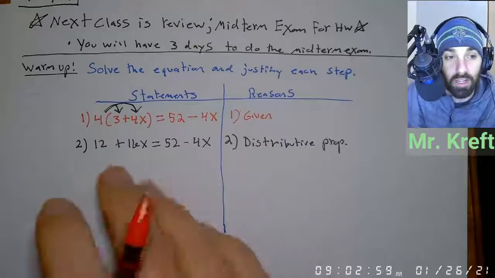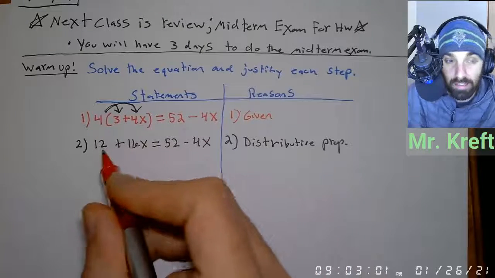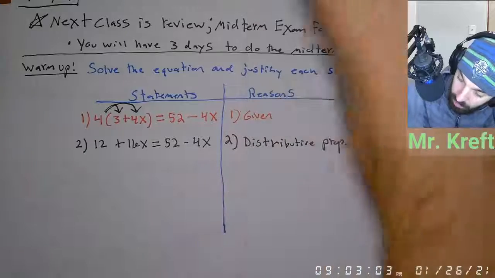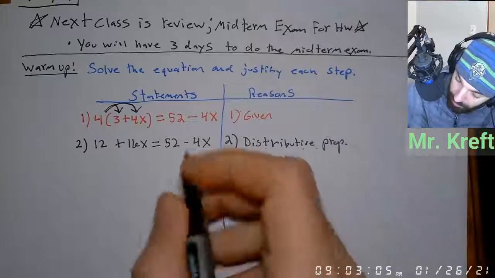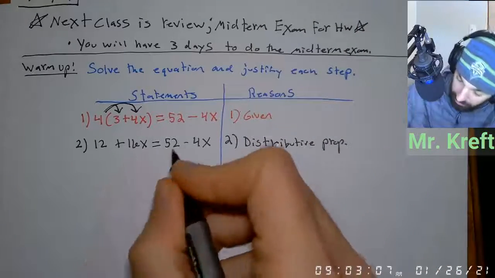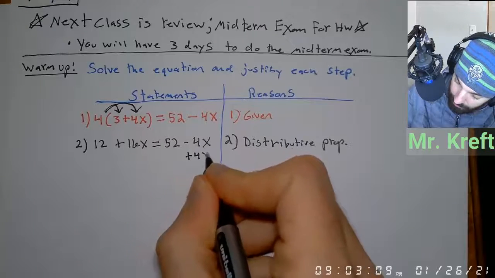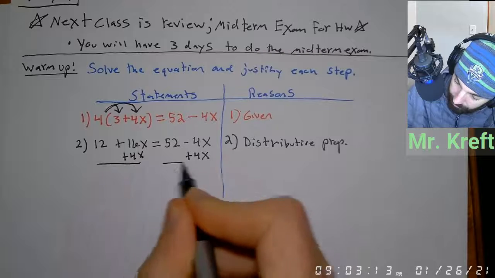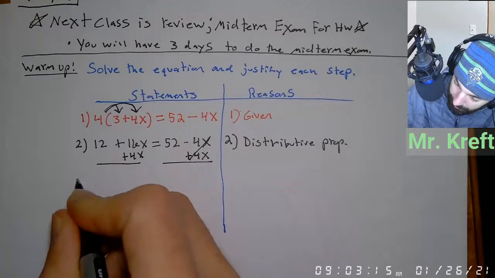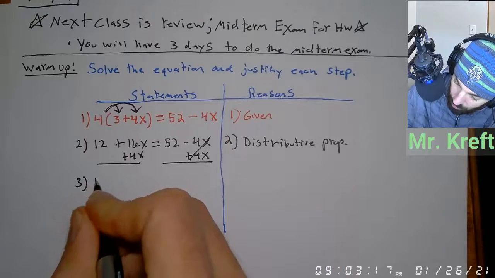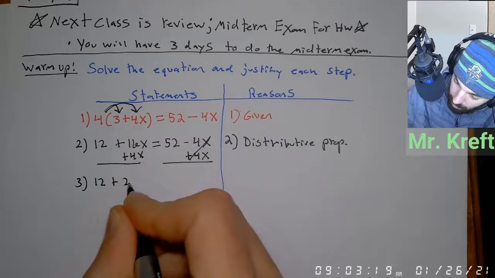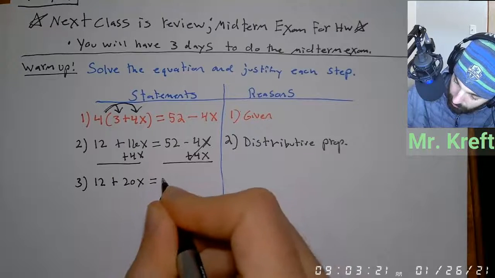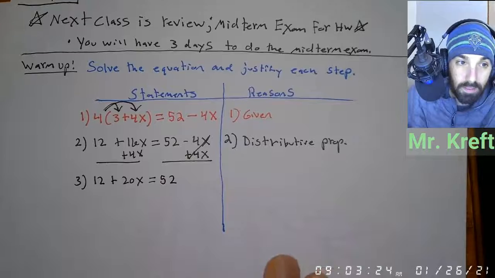My next step, we can only do one step at a time. I'm going to get all of my x's to one side. I have a negative 4x here and a 16x here, so I'm going to add 4x to both sides. My third step is 12 plus 20x equals 52.